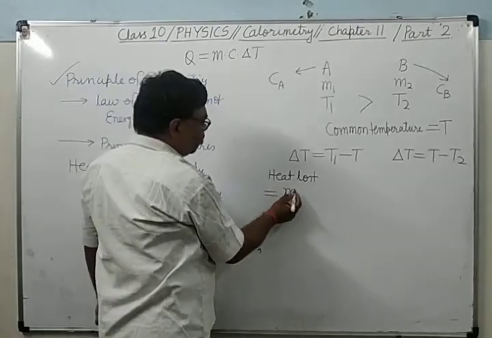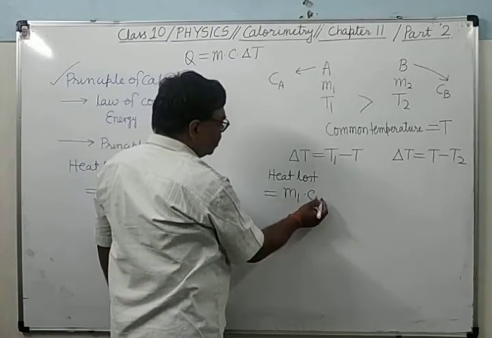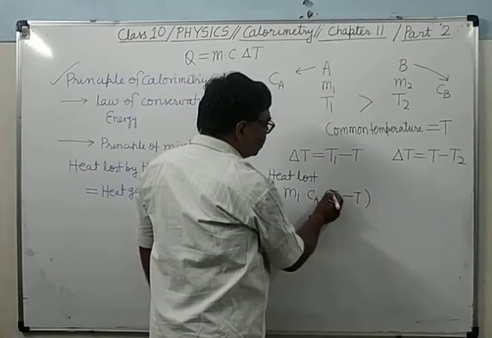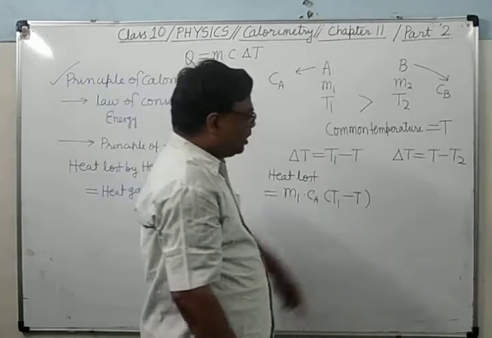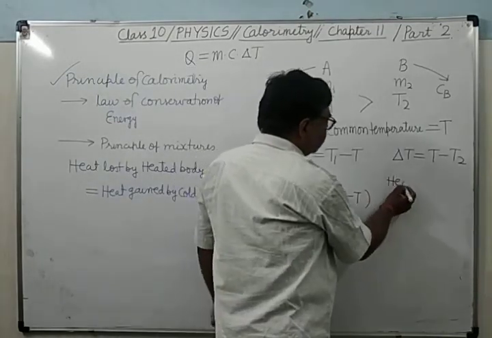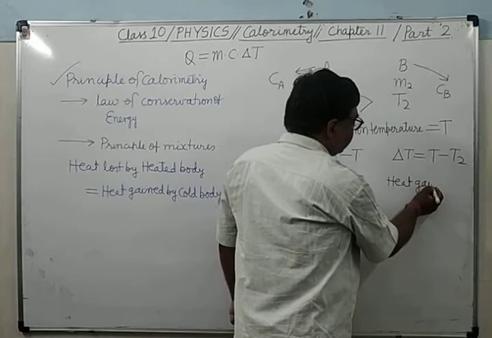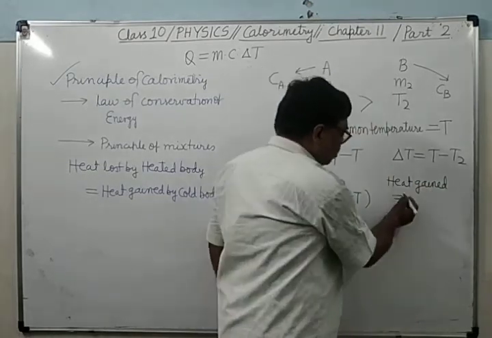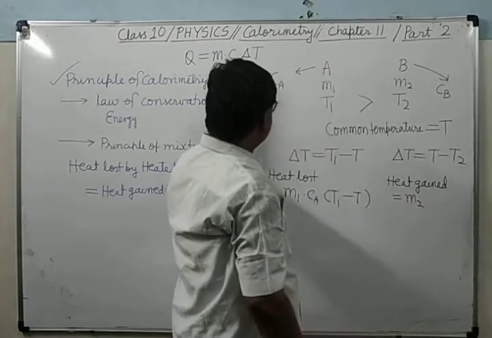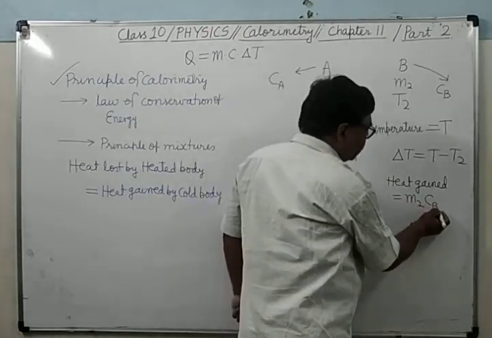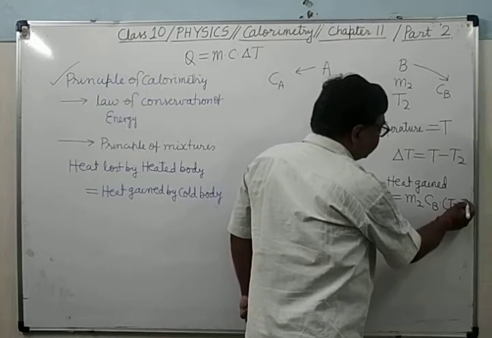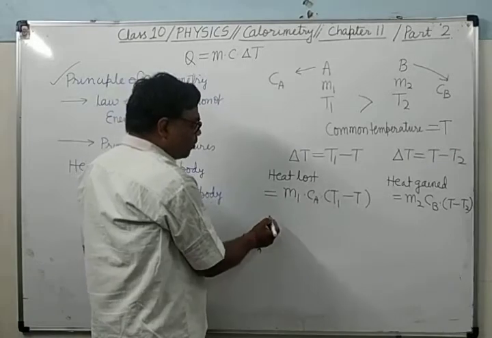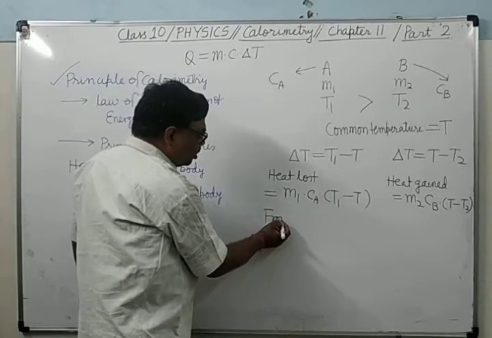Mass M1, SHC Ca, change in temperature T1 minus T. Here heat gained, if you see, will be equal to mass M2, SHC Cb, change in temperature T minus T2.